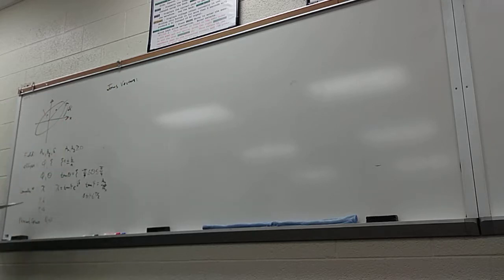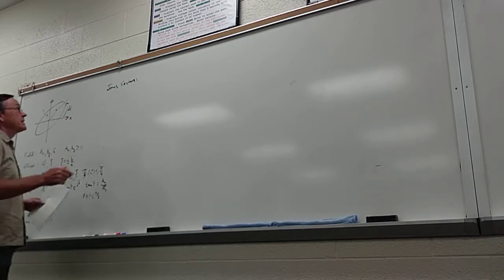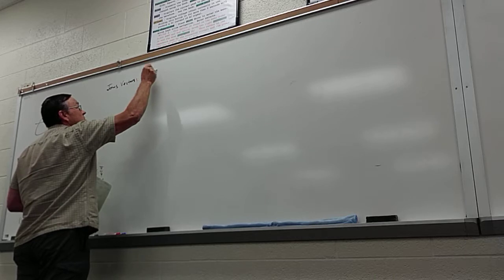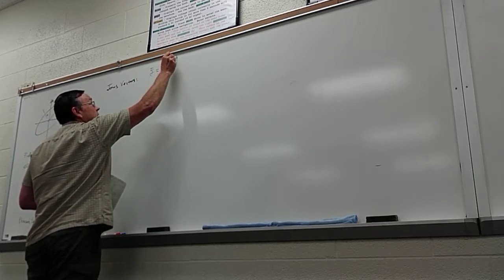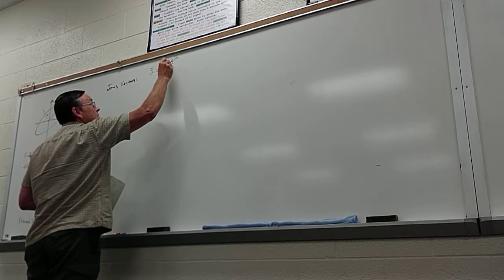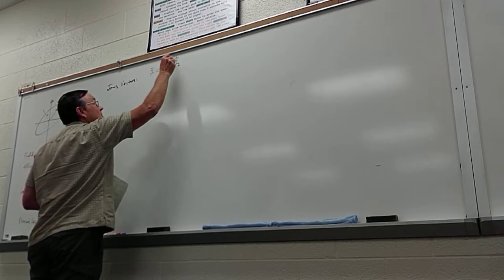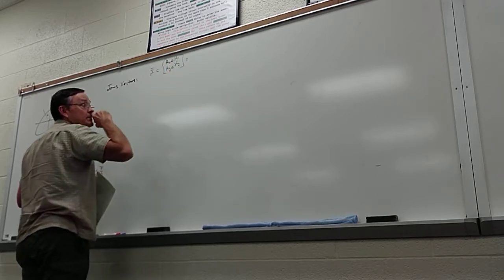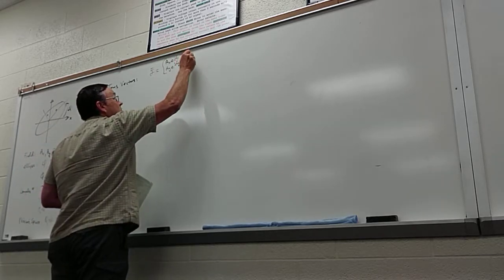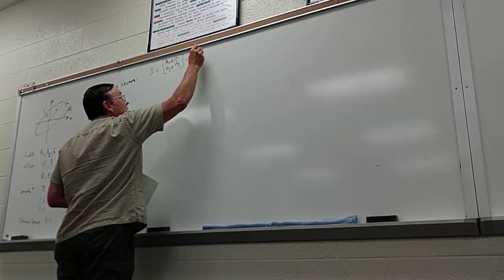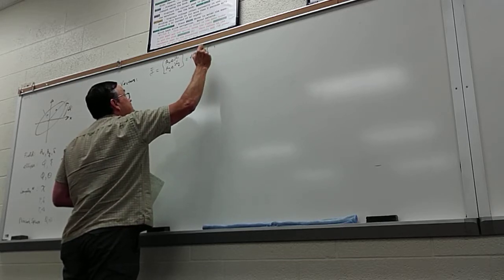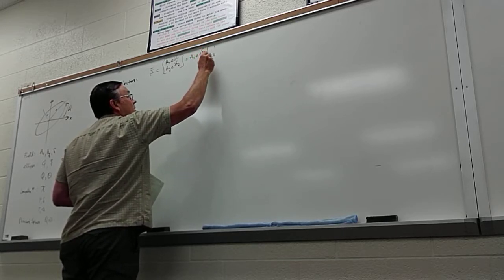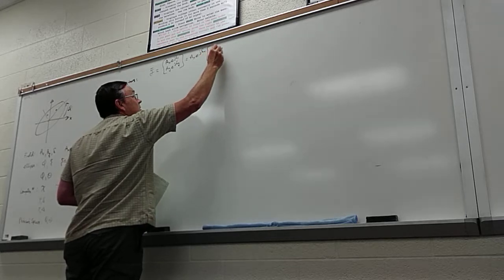And an unnormalized Jones vector is just the two-component vector, ax e to the j delta x, ay e to the j delta y. And we could pull out the x component, so ax e to the j delta x, leaving behind 1, and then ay over ax e to the j delta.